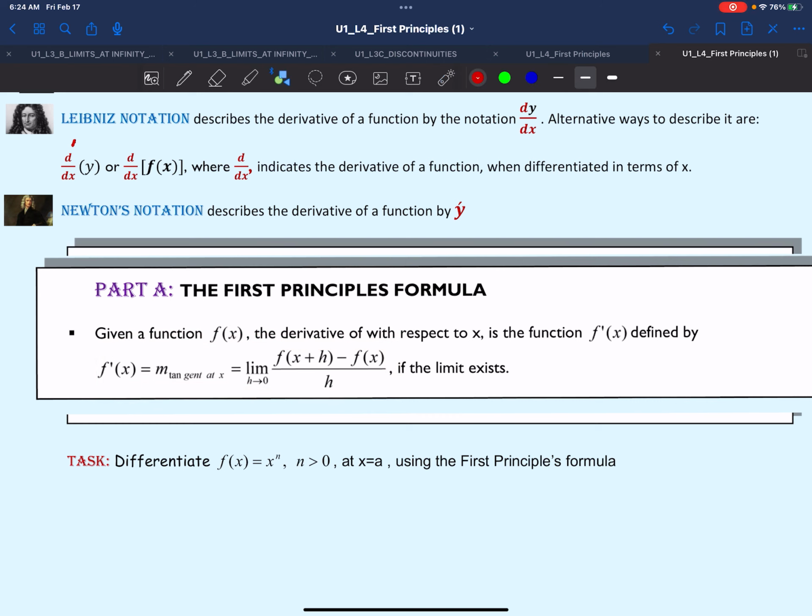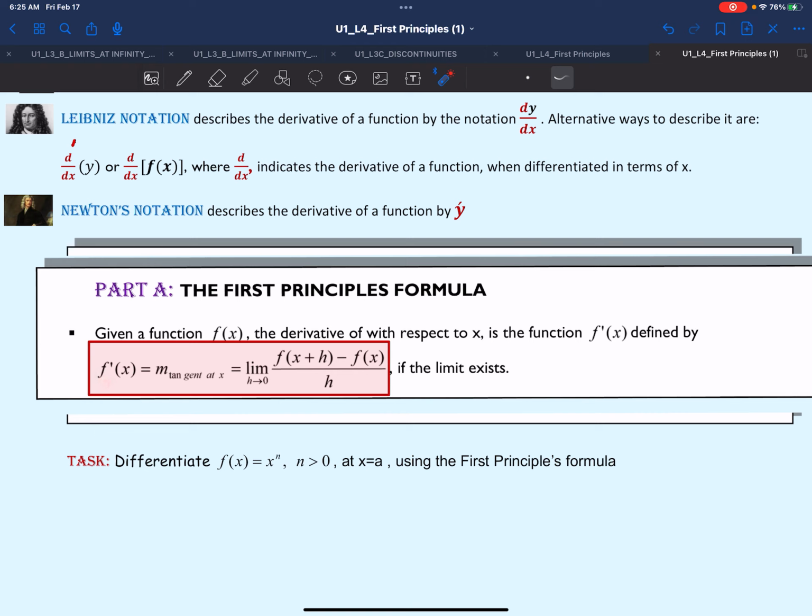The first principles formula states that the derivative of a function, f prime of x, using Lagrange's notation here, is the same as the slope of the tangent drawn at x, and it is measured by the limit as h approaches 0 of f of x plus h minus f of x, divided by h. So this is the slope of the tangent formula using limits, and that represents the derivative of a function.